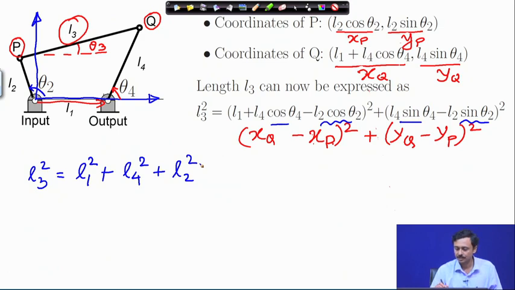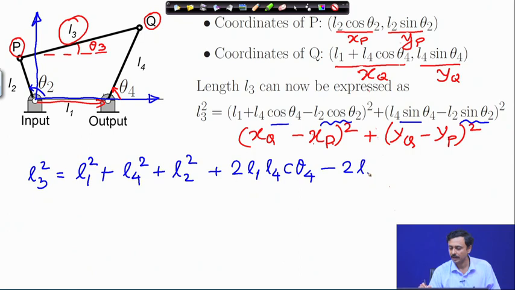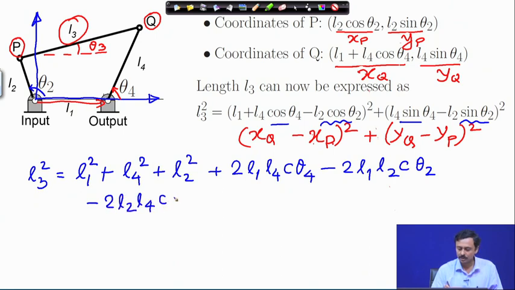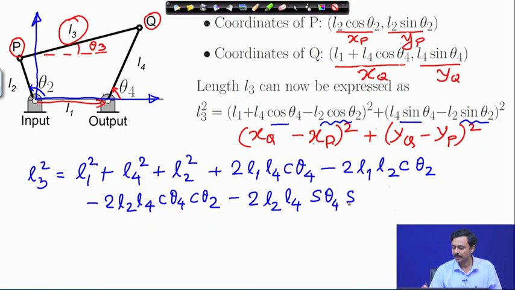Now, the cross terms: 2 L1 L4 cos theta 4, which I will write as C theta 4, minus 2 L1 L2 cos theta 2, so C theta 2, and minus 2 L2 L4 cos theta 4 cos theta 2, and one cross term from the second square. So, that will be minus 2 L2 L4 sin theta 4 sin theta 2, where S theta 4 is sin theta 4 and S theta 2 is sin theta 2. So, this is what we will get.